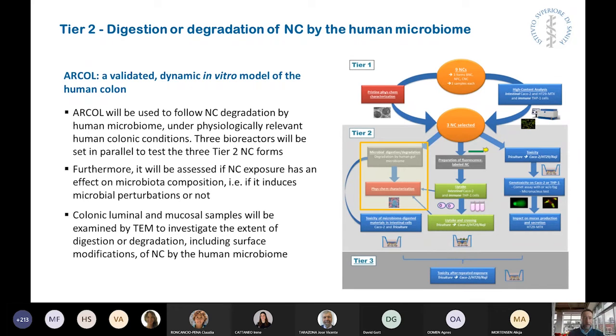It will be assessed if nanocellulose exposure has an effect on microbiota composition, but more importantly, the ultimate goal is to investigate the extent of digestion or degradation of nanocellulose fibers, and this will be done by examination via TEM.